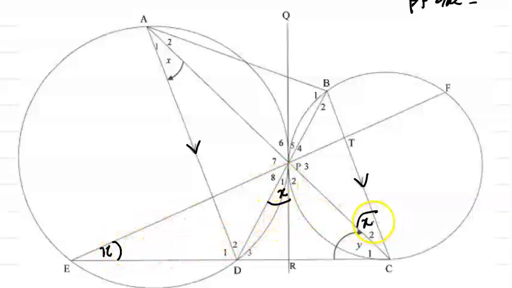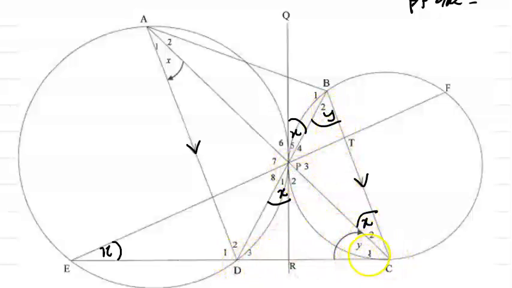And over here now, you've got C2, and then you've got another tangent here. It's a common tangent. So you've got tan chord again there. So P5, there's your chord here, which is PB, and it subtends the angle at the circumference, which is C2. So that's going to equal X. So you've got 1, 2, 3, 4 so far that are equal to X. Let's just quickly look at Y. They tell me this is the tangent here. So tan chord, there's my chord, and there is an angle here at the circumference.